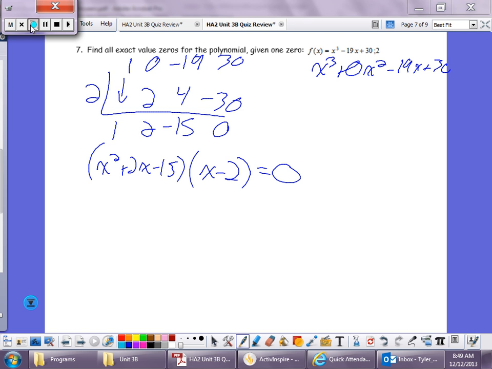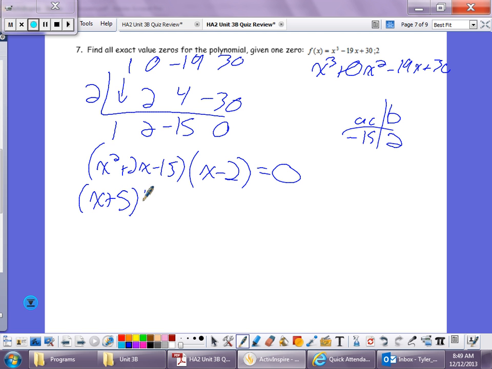So ACB, AC is negative 15, B is 2. So your two values would be 5 and negative 3. So you get x plus 5, x minus 3, x minus 2 equals 0. So then you're just going to set each of these separately equal to 0. So you get x equals negative 5, 3, and 2.